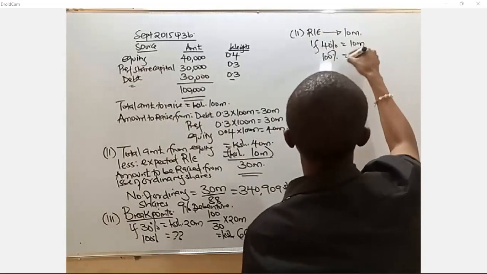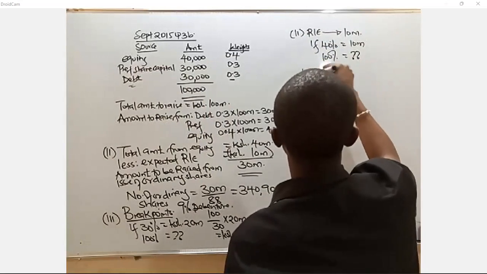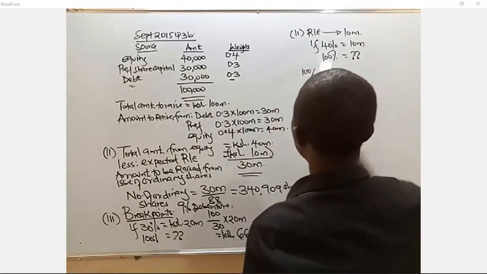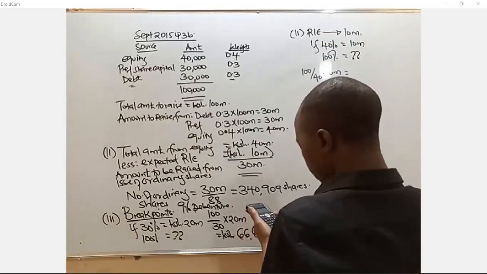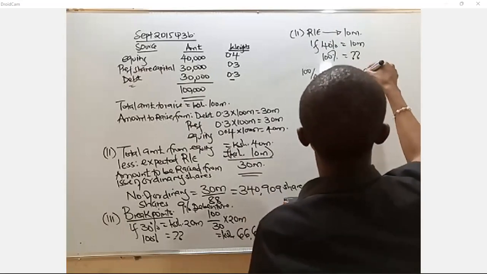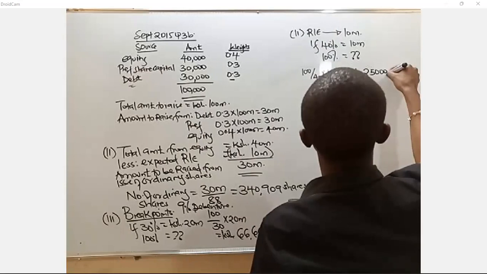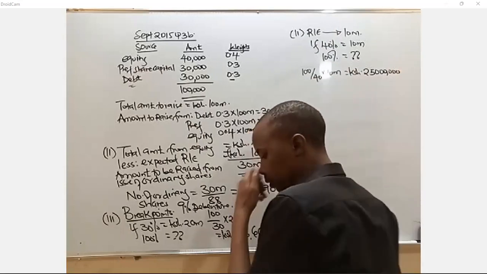If it is fully utilized, this source can give us how much? It is 100 over 40 times 10 million. So 100 divided by 40 times 10 million, we are getting Kenya shillings 25 million.